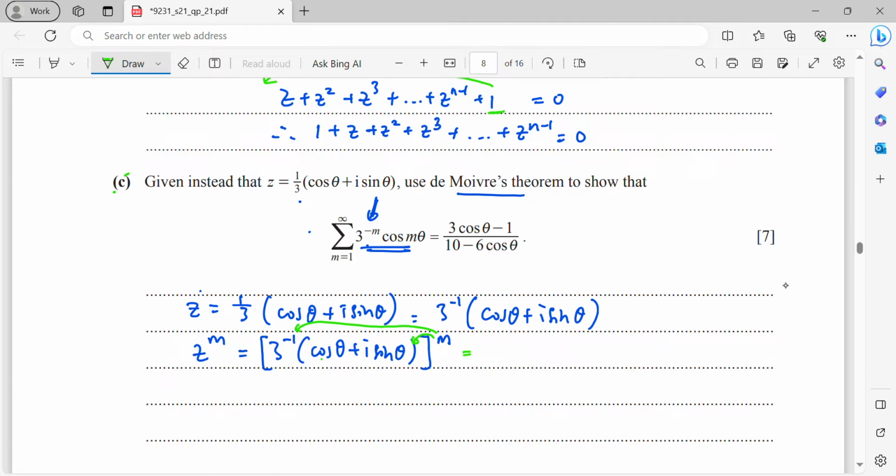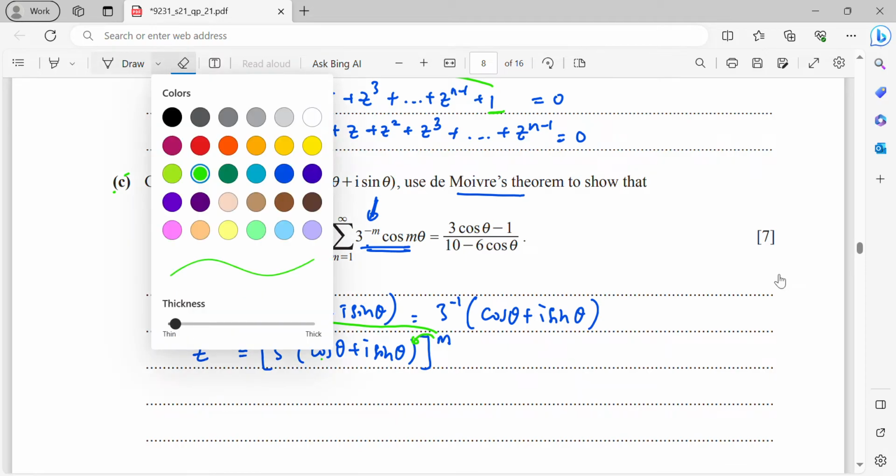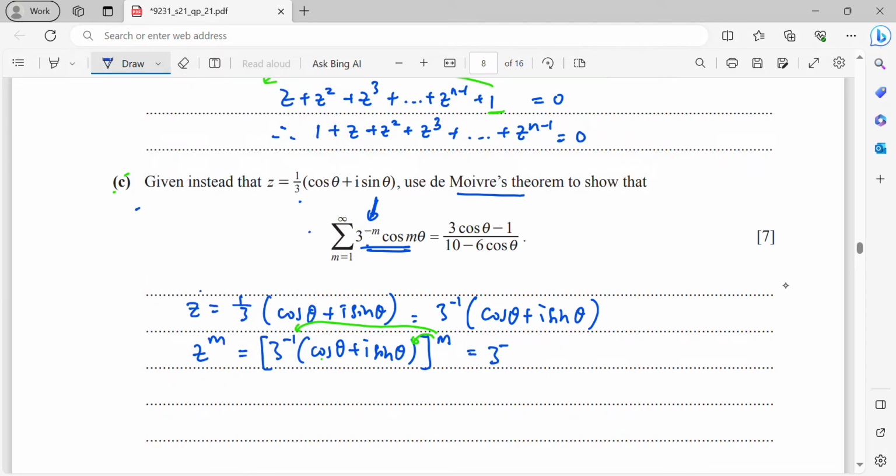Therefore, here is going to be 3 power negative m, then cos m theta plus i sin m theta according to De Moivre's theorem. Okay, and now you see I already found the m theta here, cos m theta, together with the 3, but I still have the i sin. Therefore now I will have to decide. I have to refer to the summation of z to the power m. Then later I will just take the real part because I don't want the sine.